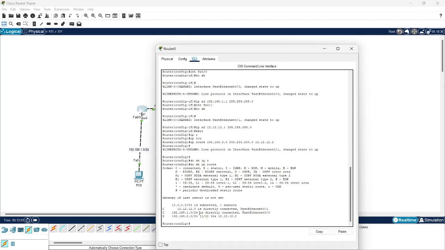Same as router 1, it didn't know about the network 192.168.1.0/24 in router 0.